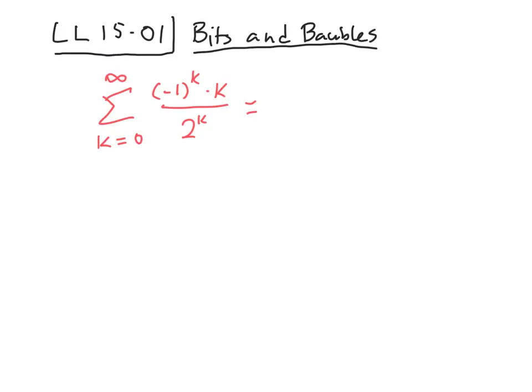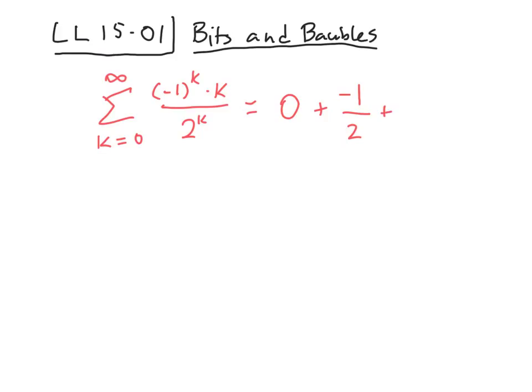When k is 0, I get negative 1 to the 0 times 0 over 2 to the 0. That's just going to be 0 because that k is 0. Now the next term is negative 1 to the 1 times 1 over 2 to the 1. That negative 1 to the 1 is negative 1, and then k was 1, and 2 to the 1 was just 2.